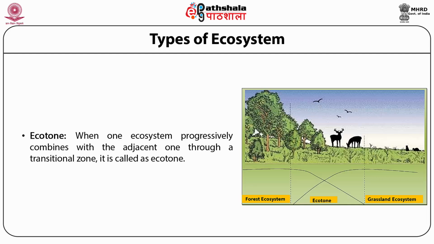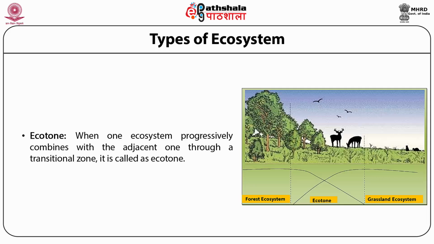Generally, the ecotone has other species which are not present in either ecosystem. The ecotone has more population density of certain species as compared to either of the adjoining communities. This phenomenon is known as edge effect.